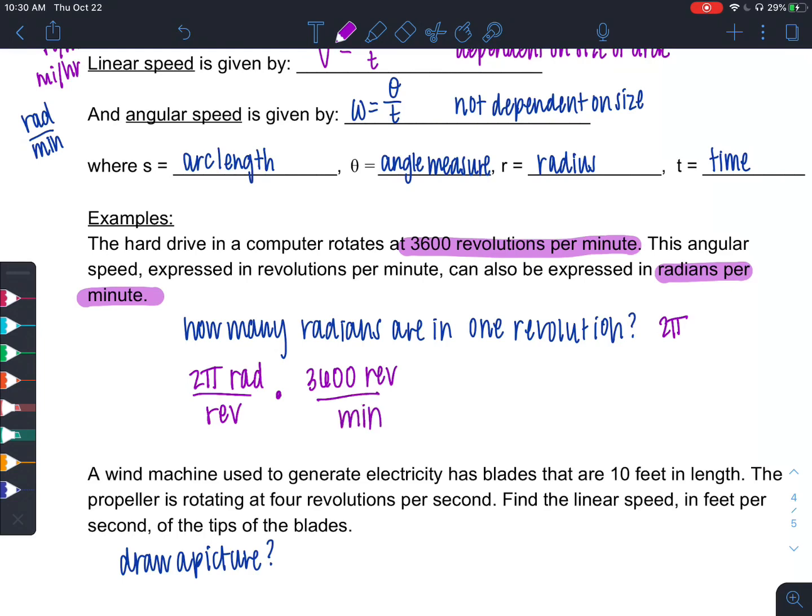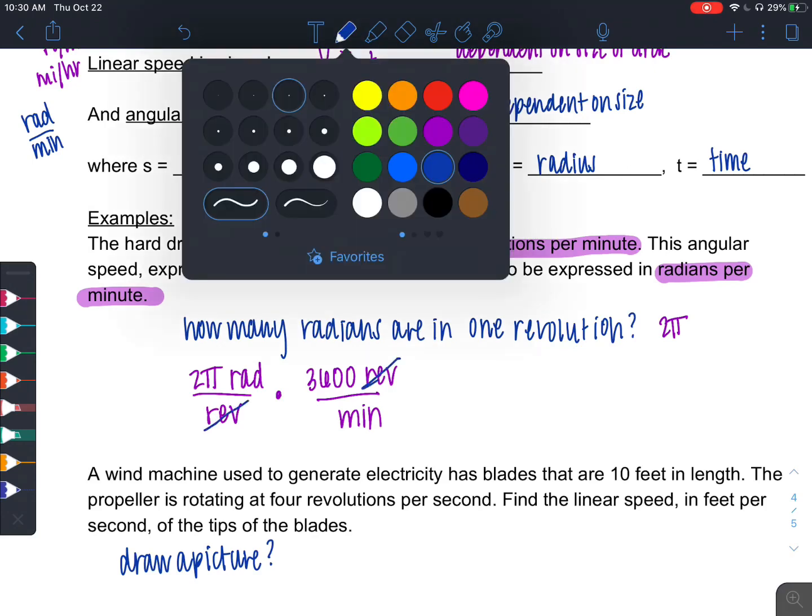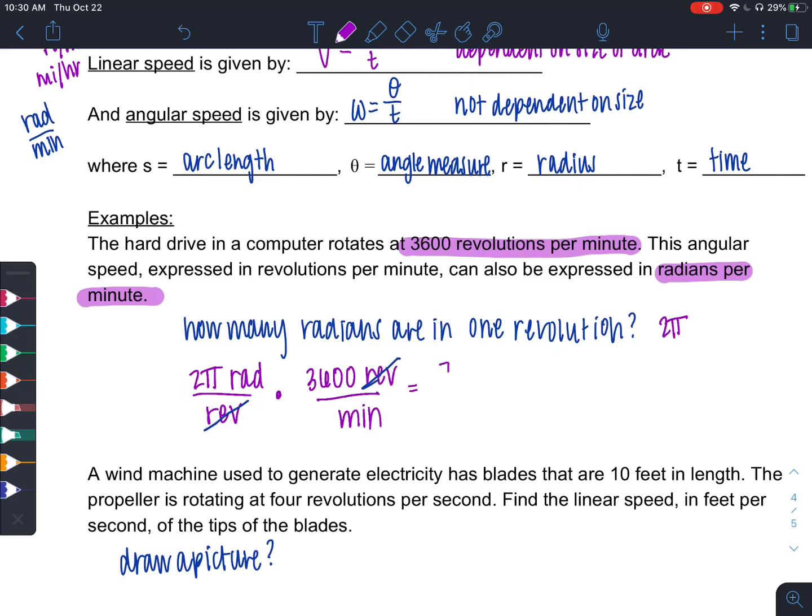Now when we do that, these revolutions cancel, and we are left with 7,200 pi radians per minute. And most of the time, we want to leave stuff in terms of pi.